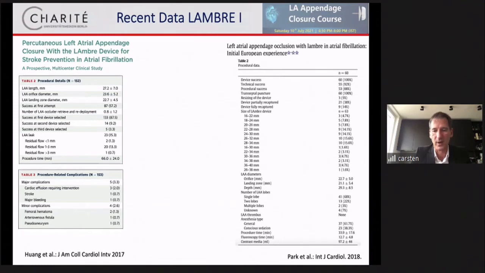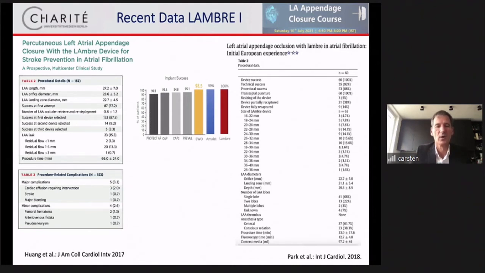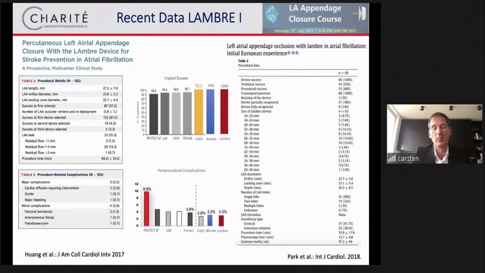And on the right side, the European CE trial with 60 patients, with the same results summarized here. So you have 100% implant success rate, and we spoke about that. That went up over the years, and the safety profile got better and better, and we are around 3% peri-interventional complications right now.